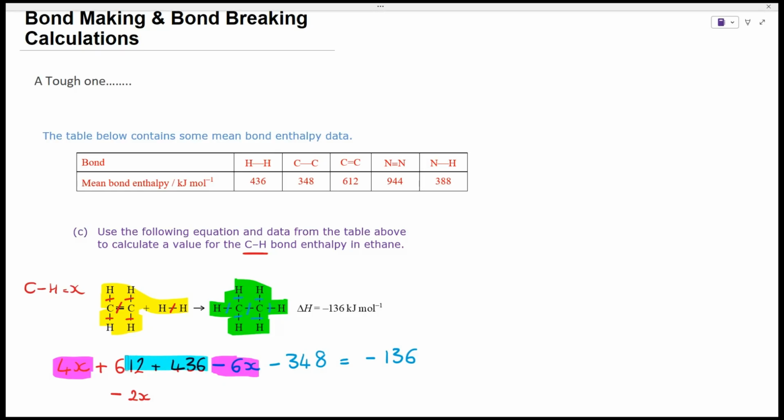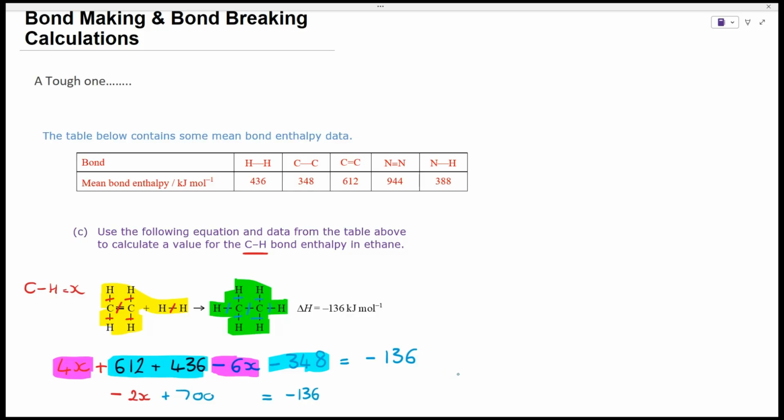So I've got 612, positive 436, and negative 348. And when I add them all together, they become positive 700. So that's me adding all the blues, the positive 612, the positive 436, and the negative 348. And the other side, the minus 136 remains the same.